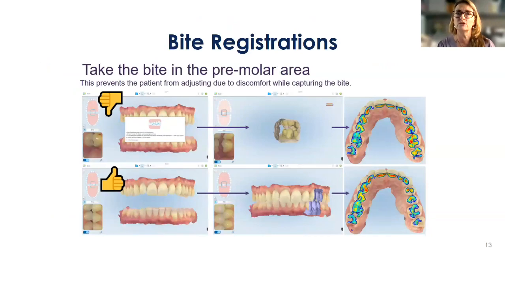So, bite registrations, and these are taken again from the iTero scanner. It's really important that when you're taking the bite registration, you're taking it in the premolar area, right? I highly recommend sitting the patient up at about a 90-degree angle.